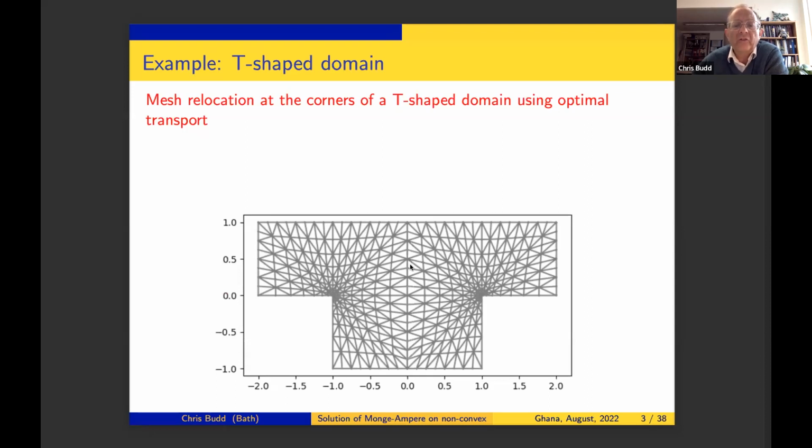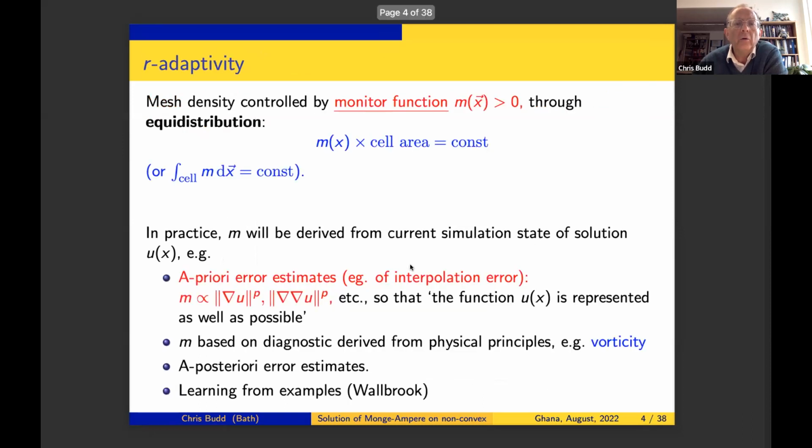In other words, you want the cell to have a small area. So the basic idea behind how these things work is that you have some function m, we call it a monitor function, which is large where you want the mesh to be refined.